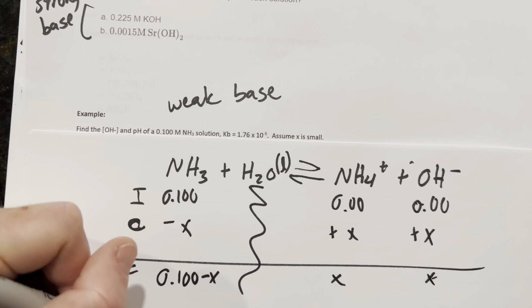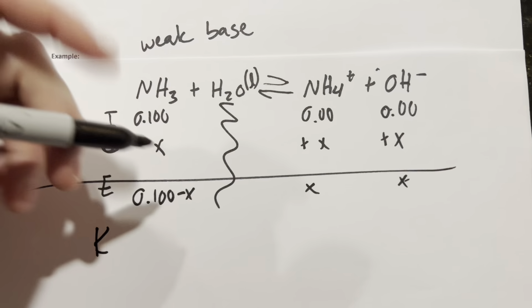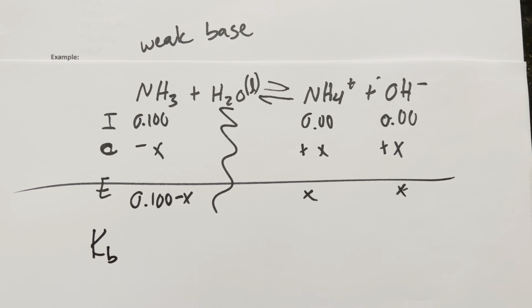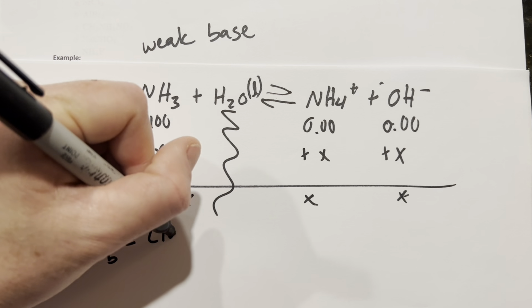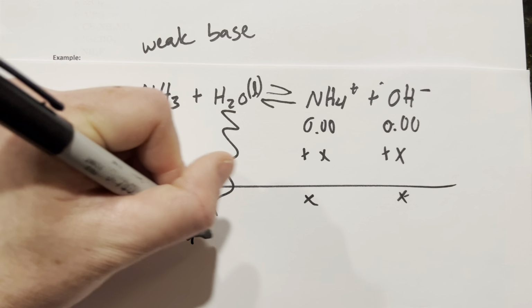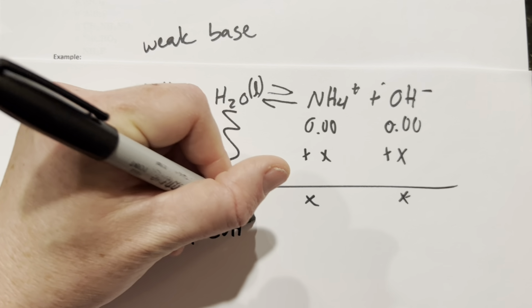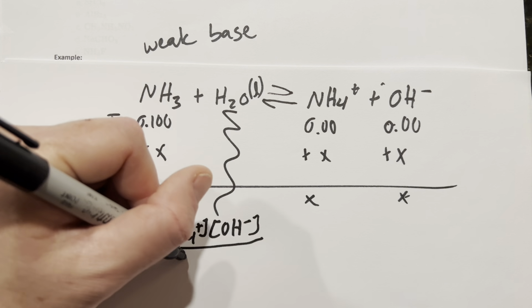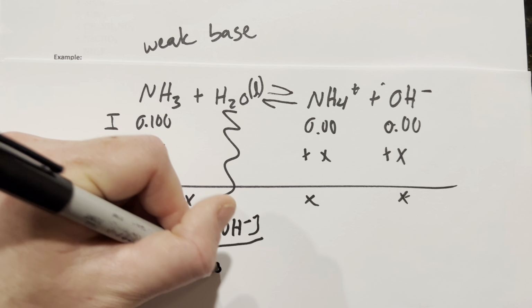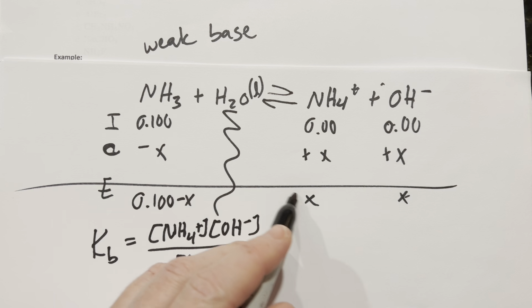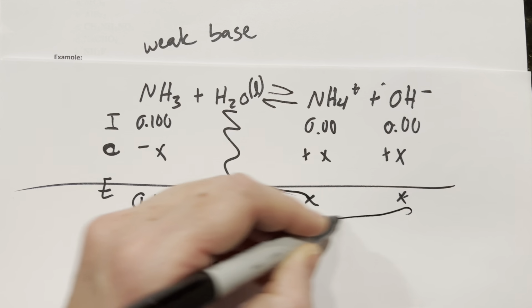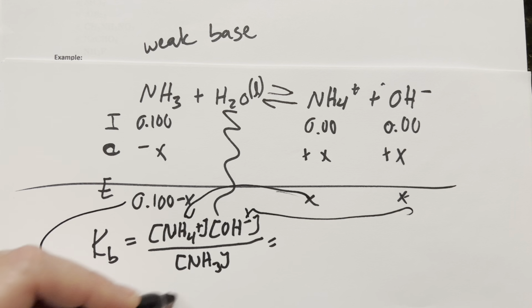All right, so our Kb, which is our equilibrium constant for our base, is just NH4 plus times OH minus all over NH3. We plug these numbers in, x, x, and that.